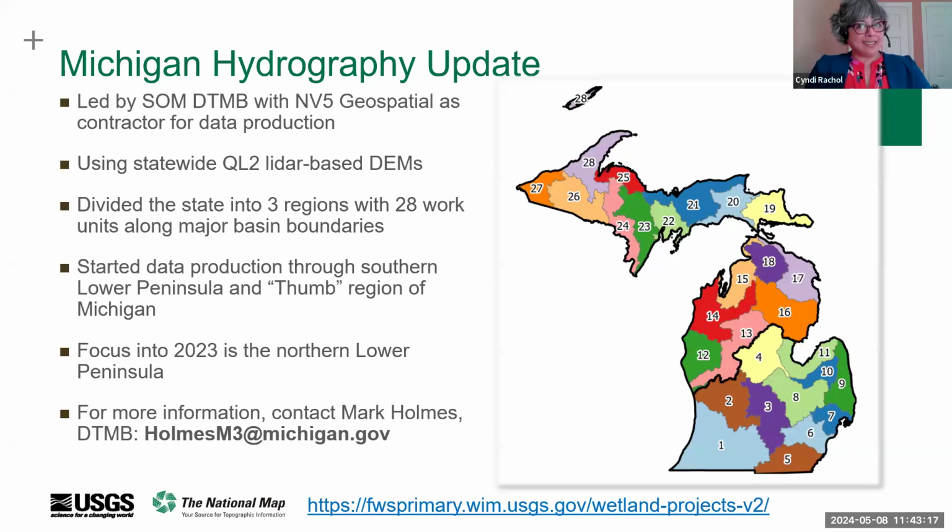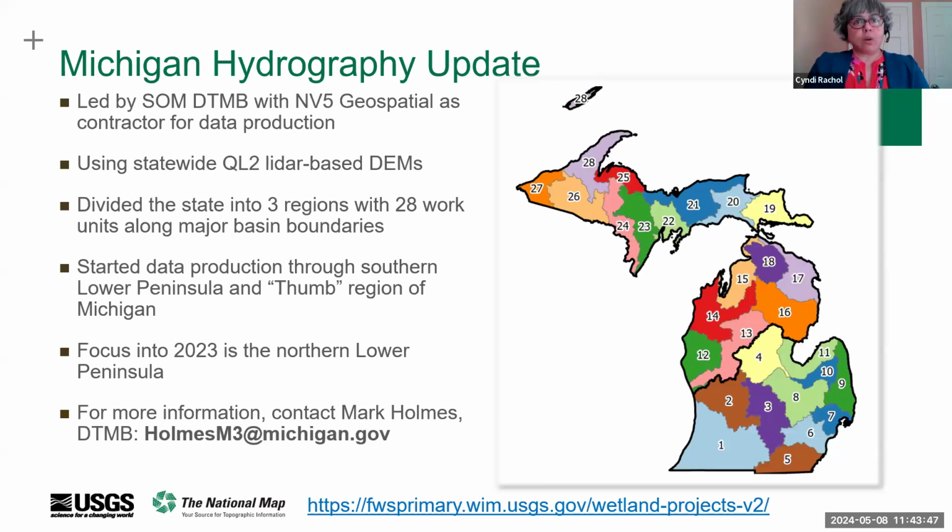So for Michigan, the state has its own hydrography update program that has been in the works for the last couple of years. They are using the USGS specifications as best they can within their program to generate their hydrography. They're basing it on the quality level 2 LiDAR-based DEMs that you've seen that are available for the state. They divided the state into 3 regions with 28 different work units.